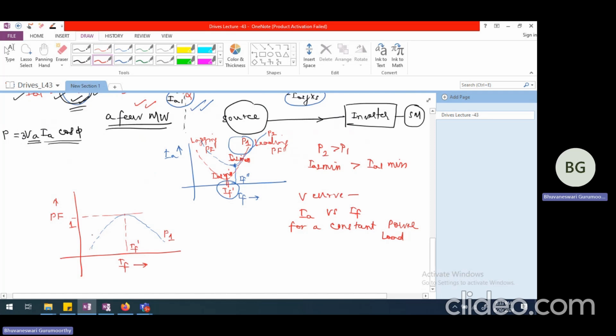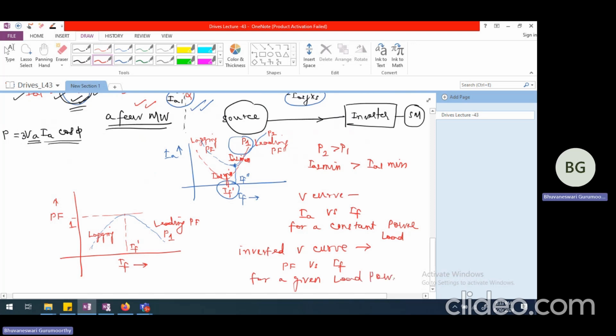So we are going to have lagging power factor on this side and leading power factor on this side. And this particular curve is generally known as the inverted V curve. So the inverted V curve is plotted for power factor versus field current variation for a given load power.